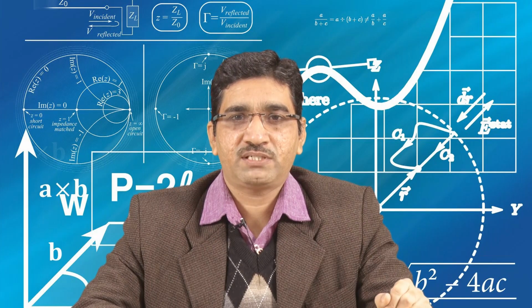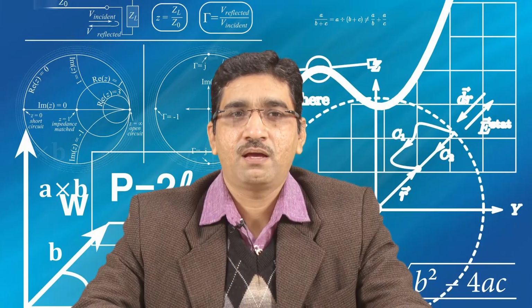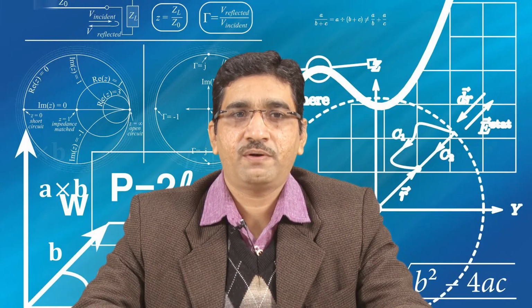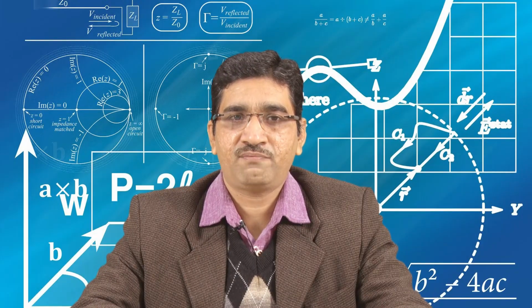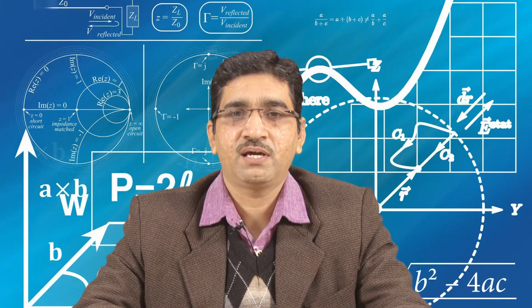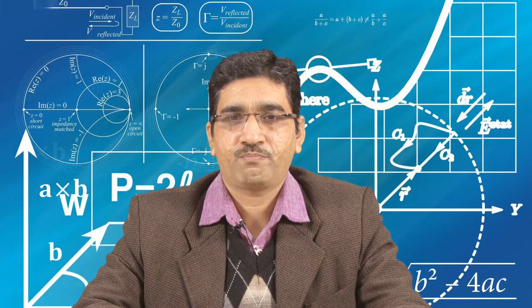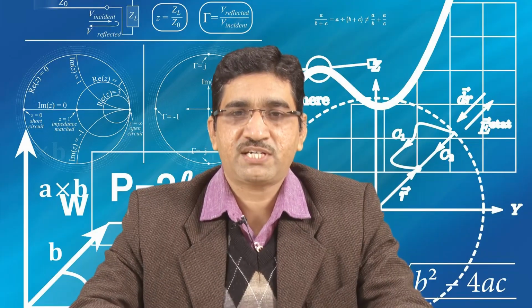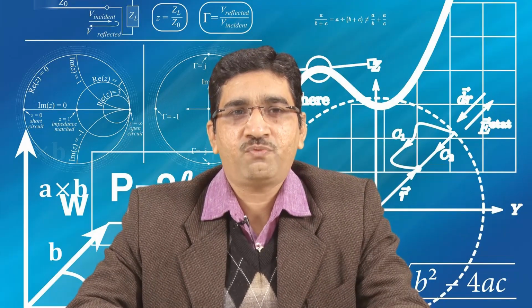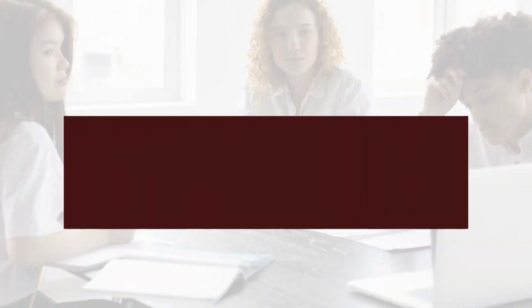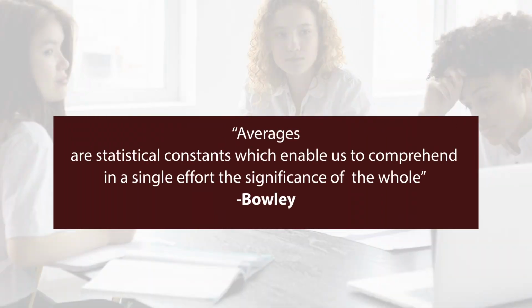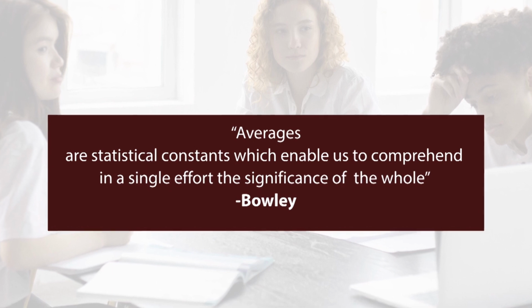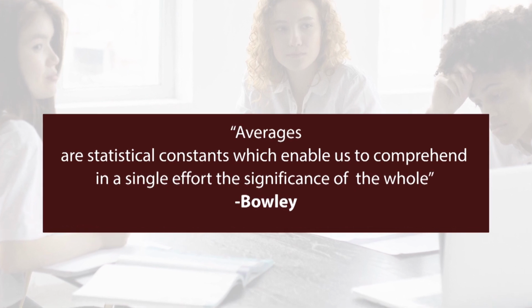Now we discuss some famous definitions of measure of central tendency or averages, which have been given by popular statisticians. Professor Bowley said averages are statistical constants which enable us to comprehend in a single effort the significance of the whole.